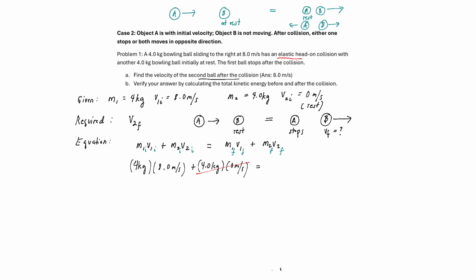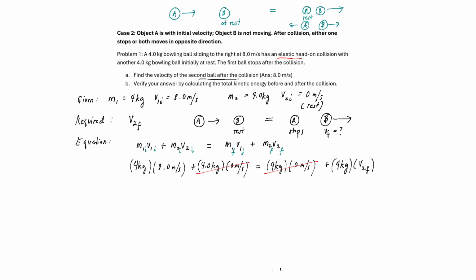We also have M1, which is 4 kilograms, and since it stops, that would be 0 meters per second again, plus the other mass, 4 kilograms, and we are looking for the value of the final velocity, V2F.